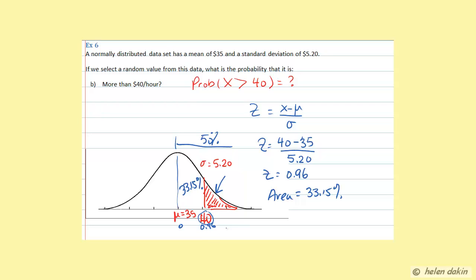So the probability that x is greater than 40 is equal to 50% take away 33.15%, and that works out to be exactly 16.85%. So the probability that we draw a value from this that is greater than 40 works out to be 16.85%.